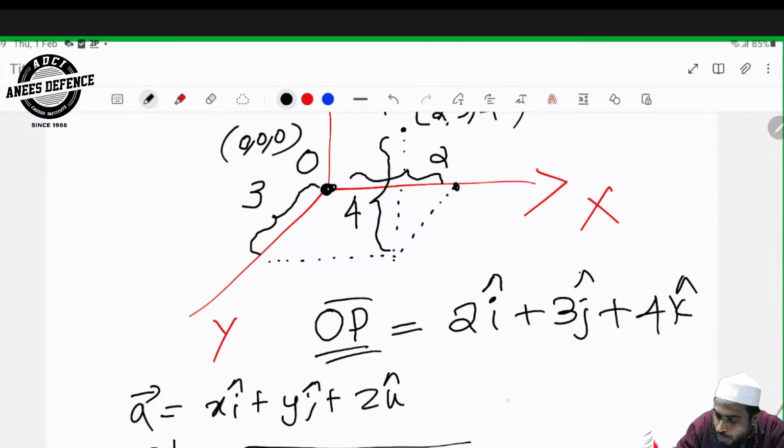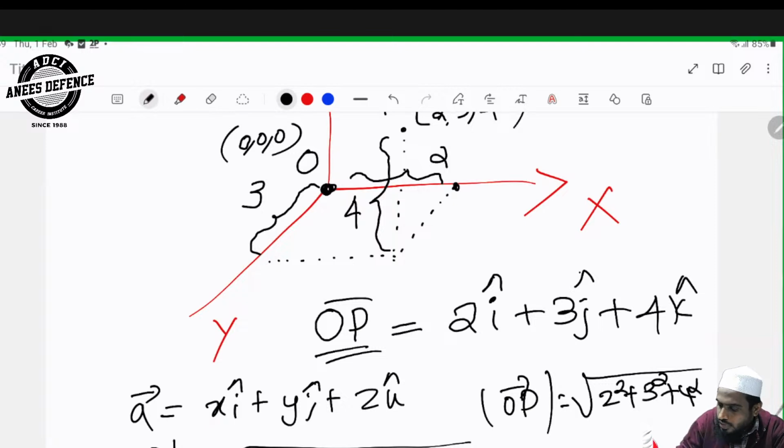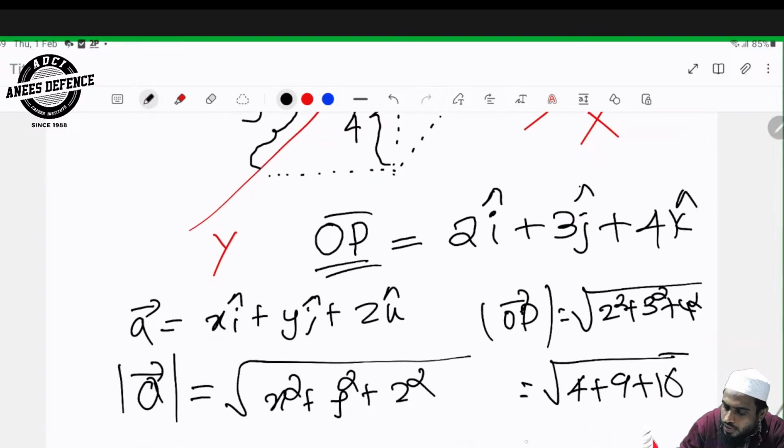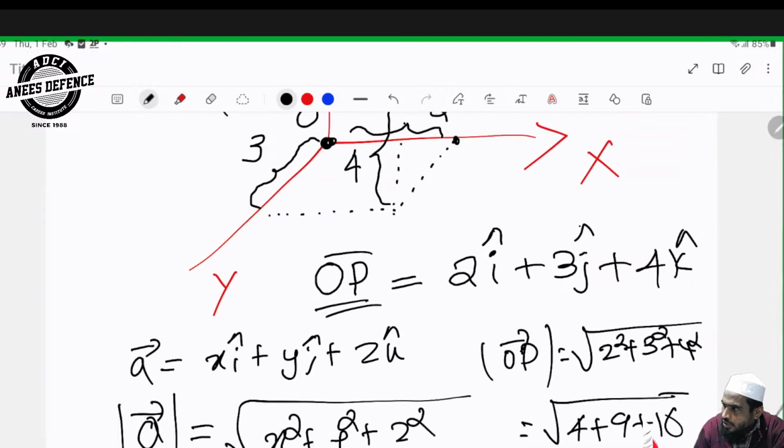Similarly, what is the magnitude of OP here? Root of 2 squared plus 3 squared plus 4 squared. What will it be? 4 plus 9 plus 16. You will get 16 plus 4, 20, plus 9, 29. Root 29. That is the magnitude of OP. Understood? So that is a position vector.